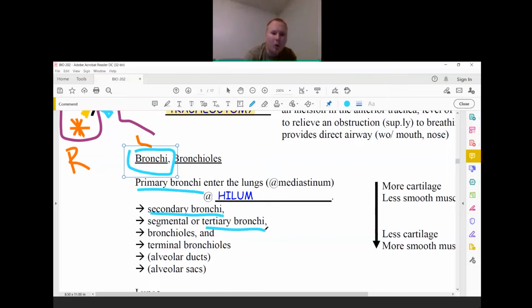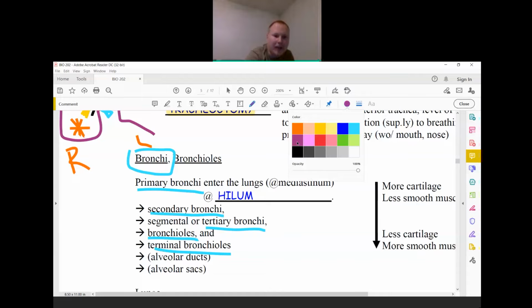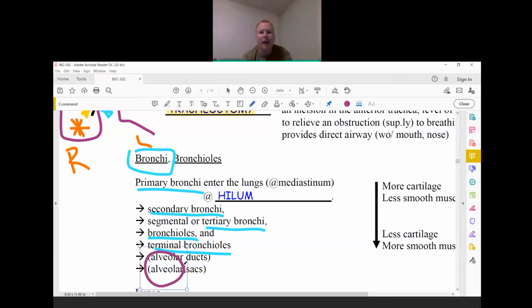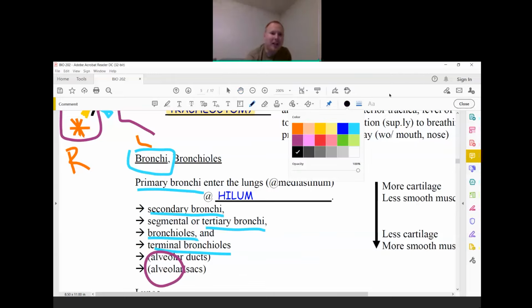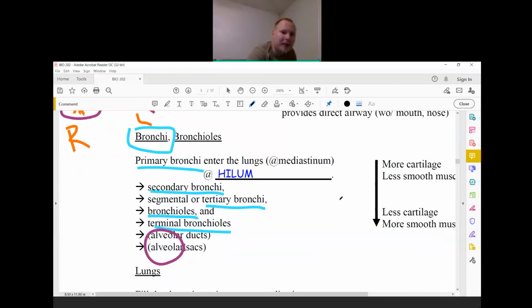Then we have bronchioles and eventually terminal bronchioles. They're just smaller versions of the bronchi. And at the very end, we end up finding our alveoli, and we'll talk about them a little more later. But basically, if you look at it, the respiratory tree is really like a tree turned upside down.